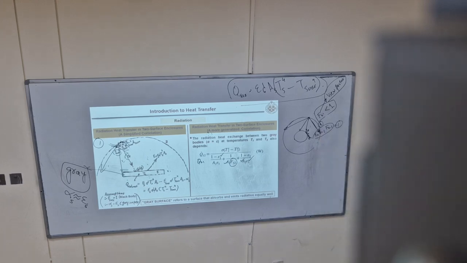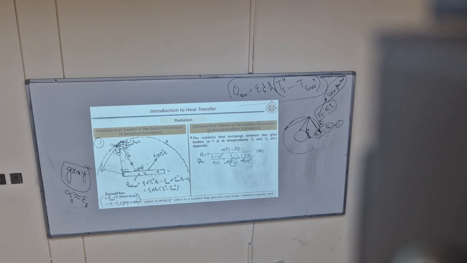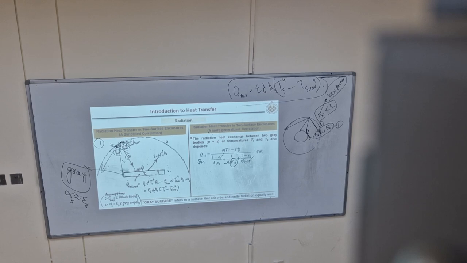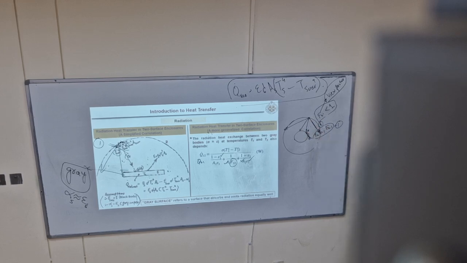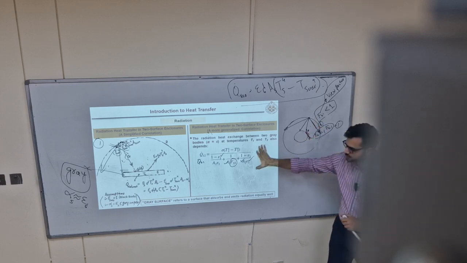We are taking the sum of the radiation emitted plus or minus the radiation coming back and absorbed by itself. So we don't care about its reach to other surfaces. Look, there are two surfaces, there is radiation heat exchange going on, and I want to find out this Q dot radiation from 1 to 2. How to calculate it? Using this formula.